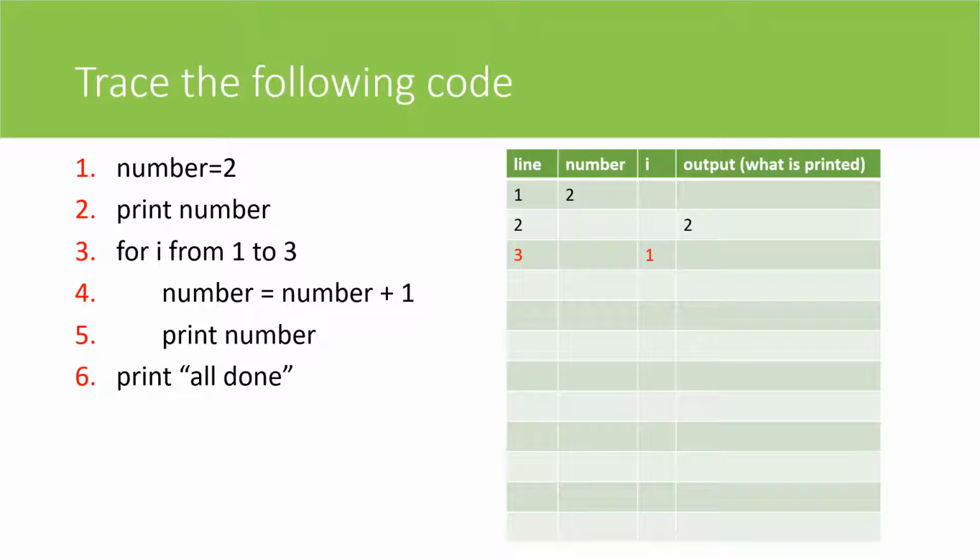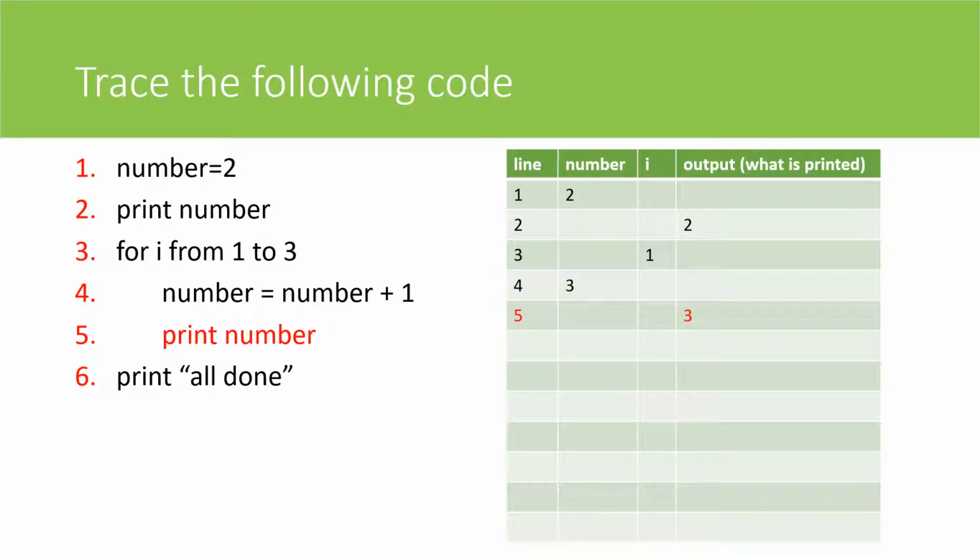So that's our algorithm so far. Next, we're on line 3. Again, number is still 2, so we don't need to write anything in there. I now is 1. And we move to line 4, where we are now adding 1 to our variable number. So number now has a value of 3.